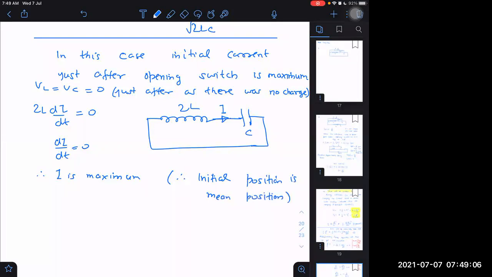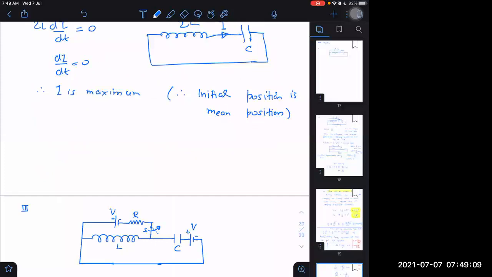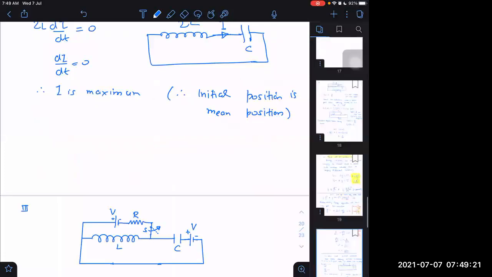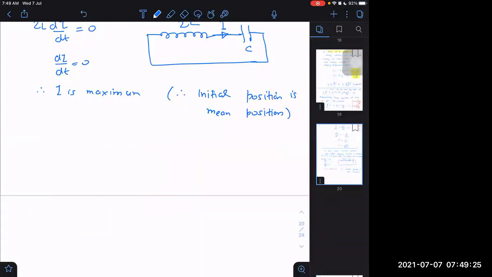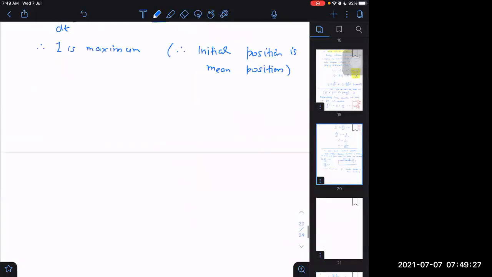That is the initial position. And what is the initial charge? 0 charge in the mean position. Initial charge is 0. Yes, sir. Then what is the charge as a function of time, or the current as a function of time?